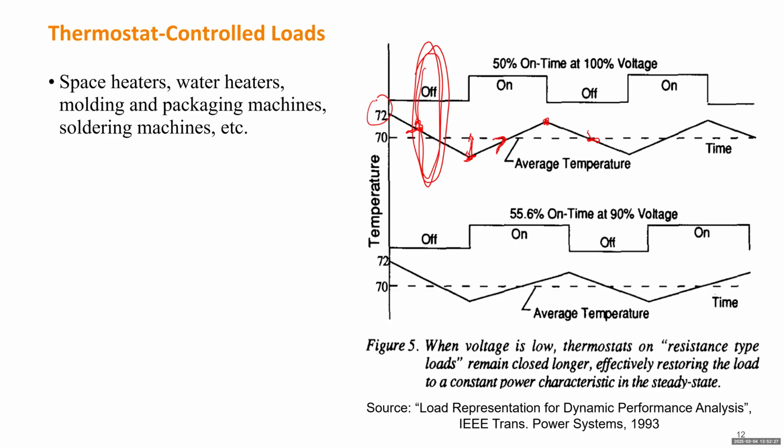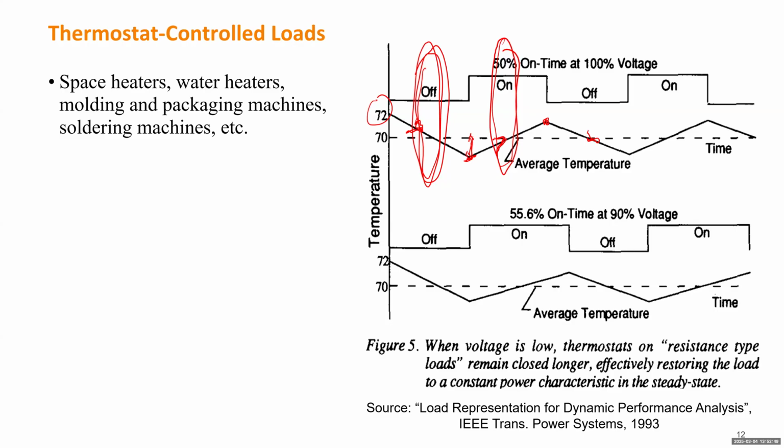So then this air conditioner is not connected to the power system, it's off, okay? If I only focus on another period, when the heater is on, then this load will behave like a constant impedance load.